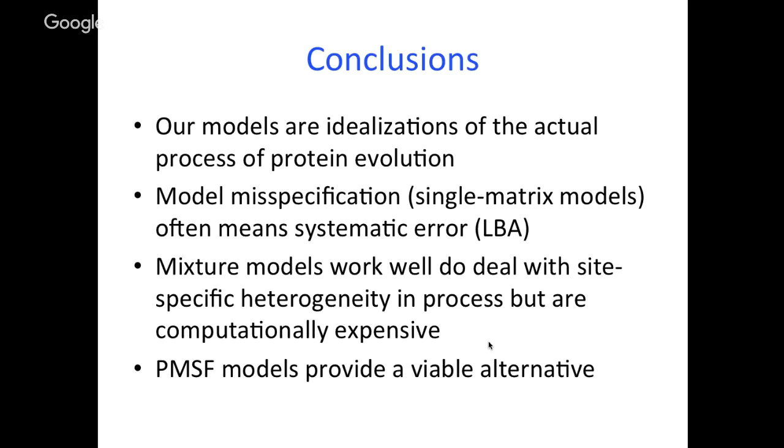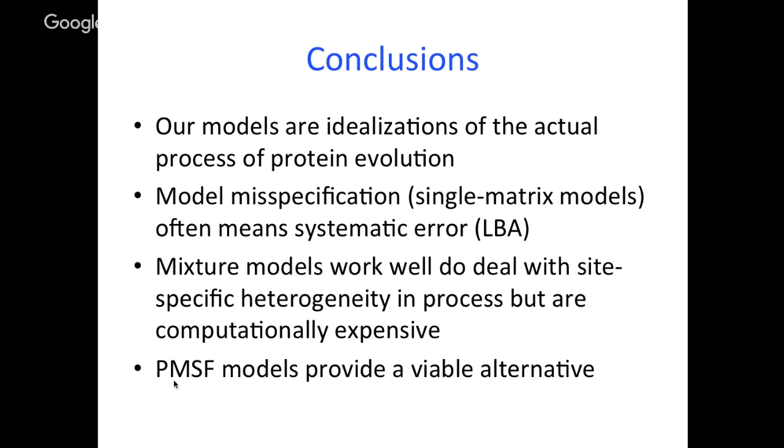I hope I've shown that mixture models do seem to work well in this case to deal with site heterogeneity, which seems to be one of the biggest issues when it comes to large supermatrices and deep phylogenetic problems. Site-specific heterogeneity must be correctly dealt with in order to actually estimate the correct tree.